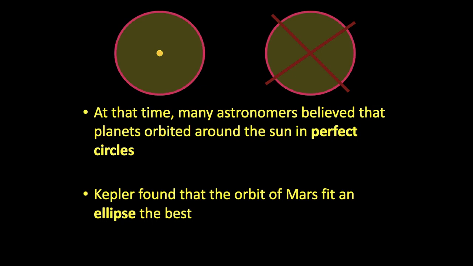Oh, looky here. This is in yellow. That means you probably want to know that. So at the time that Kepler was working, most people thought that planets orbited the sun in a circle. All right, circles are very natural shapes. It's actually a really easy shape.